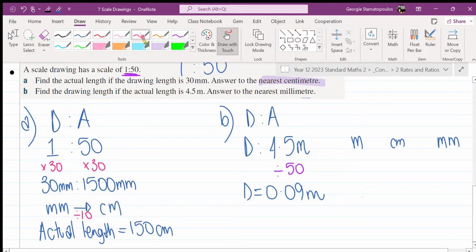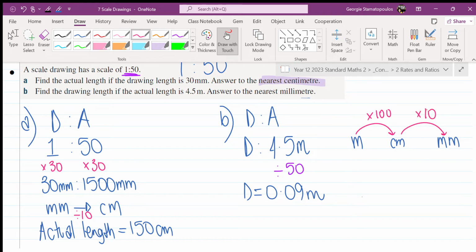To go from metres to centimetres, you multiply by 100, and then to get to millimetres, multiply by 10. So we need to multiply 0.09 by 1000 because 100 times 10 is 1000.